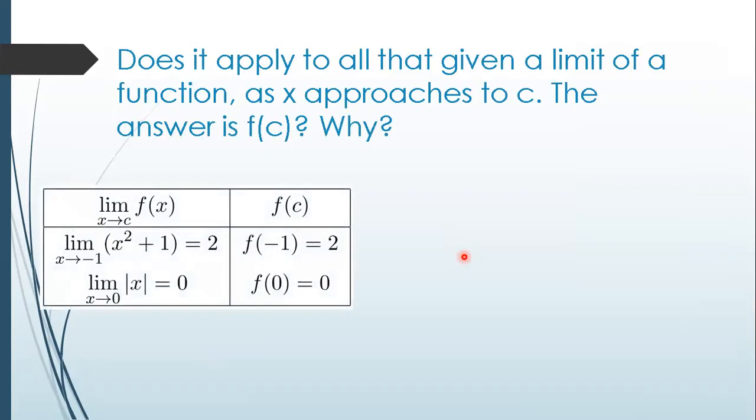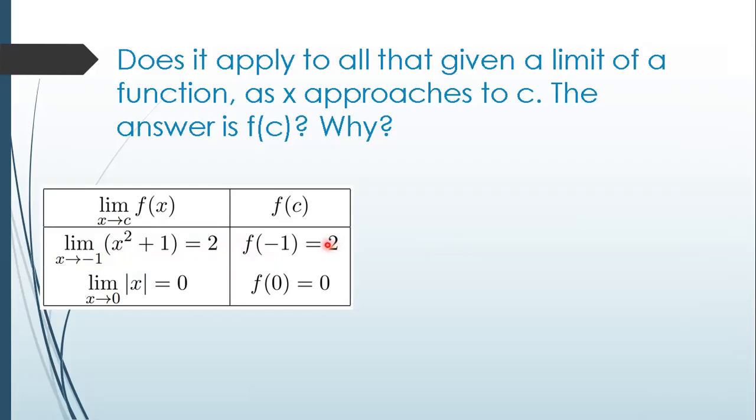Here is an example. The limit of f of x as x approaches c, for example, the limit of x squared plus 1 as x approaches negative 1, is equal to 2. Therefore, substituting negative 1, f of negative 1 is also equal to 2.